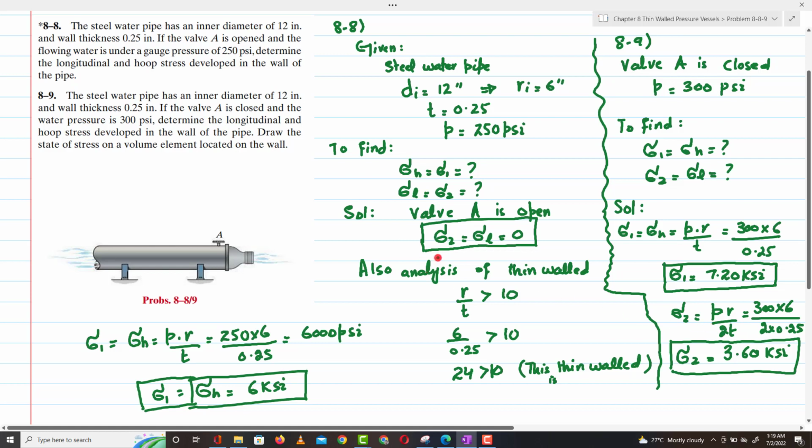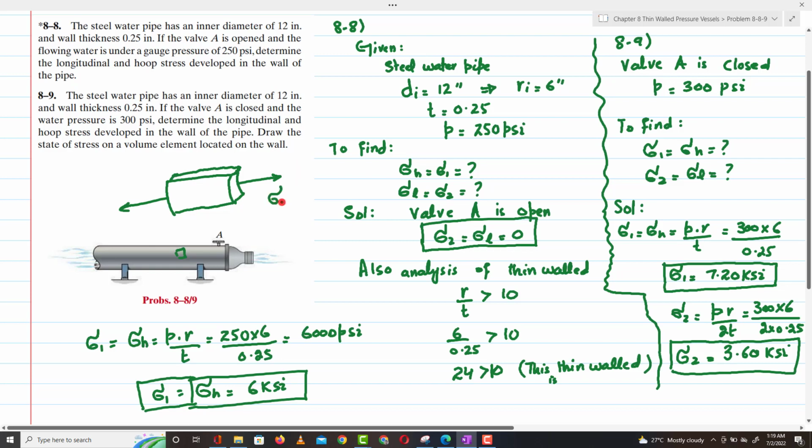You can draw the state of stress on the pipe element. So if we cut some portion of this, I will draw it. Here, your longitudinal stress will be in this direction.